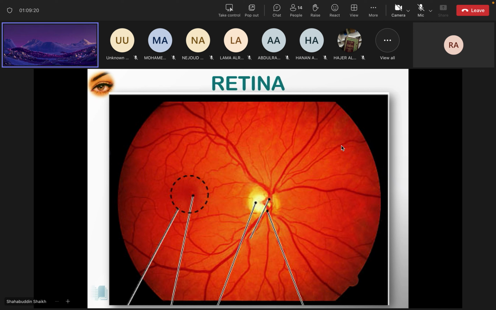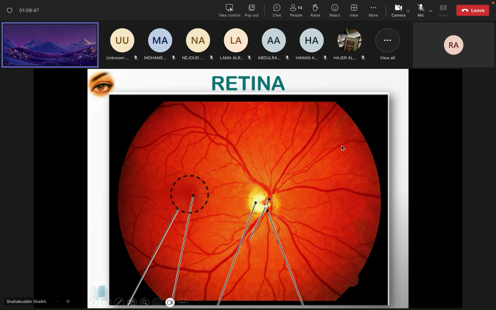It is an important place from where arteries and veins come in or go out of the eyeball. Second, the nerves coming from all the receptors go out towards the brain through this gate, the optic disc. Clinical importance: blind spot.